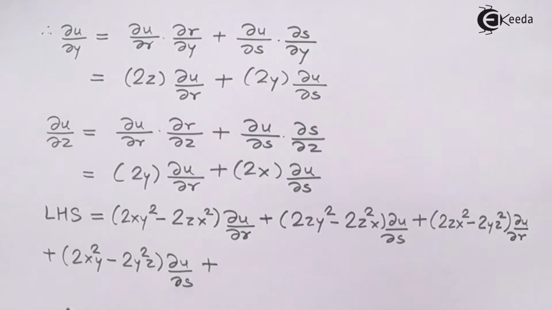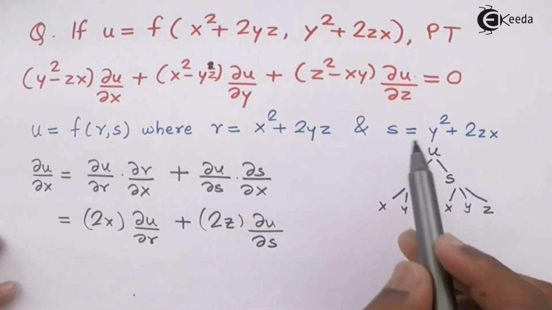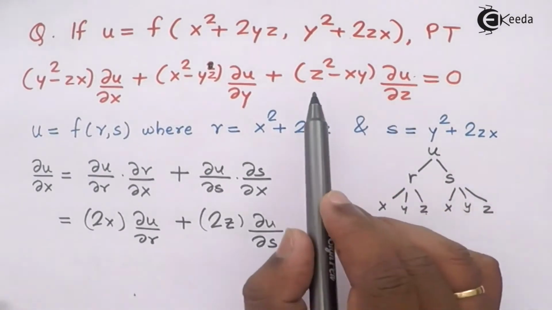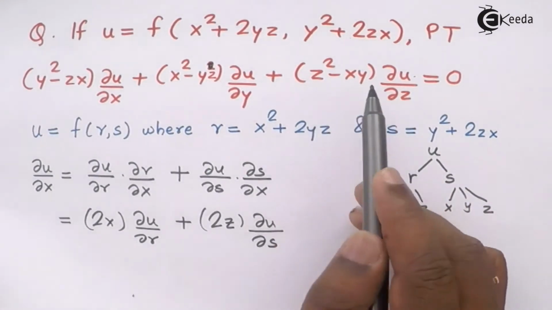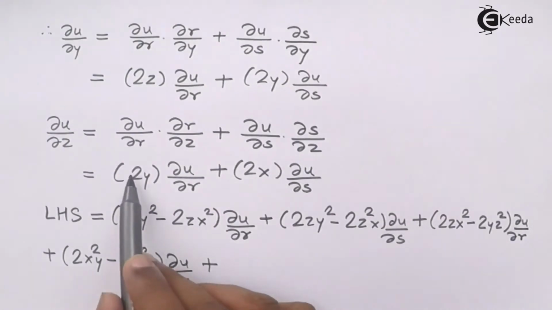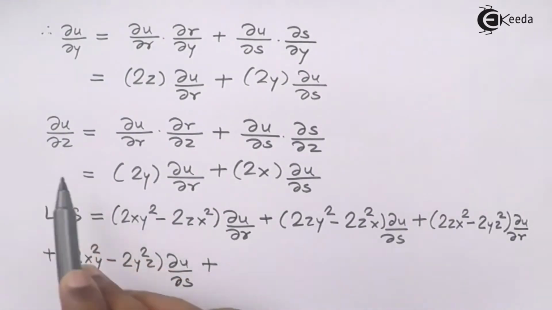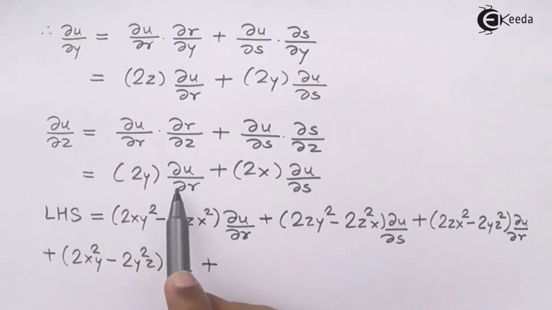Now the last term, that is del u by del z, and we'll multiply it with z square minus xy. So here multiplying both sides with z square minus xy.